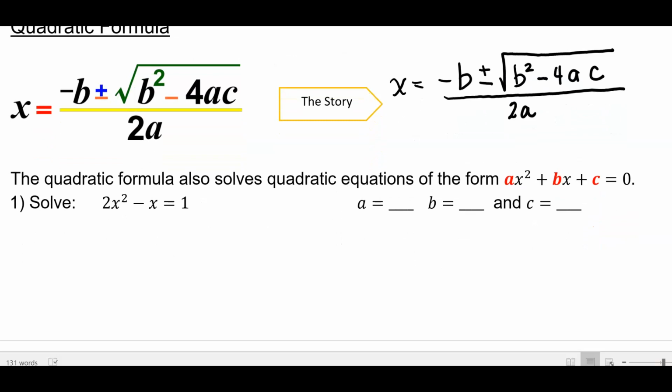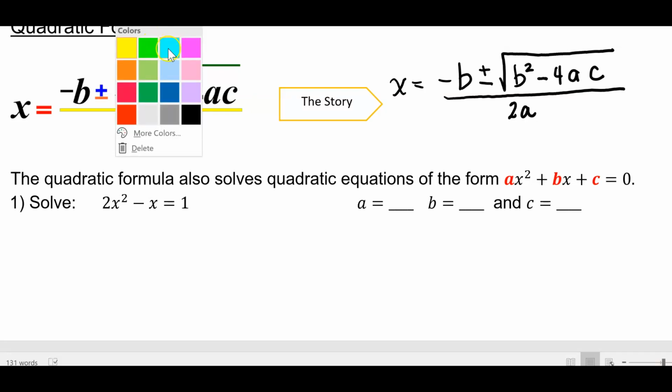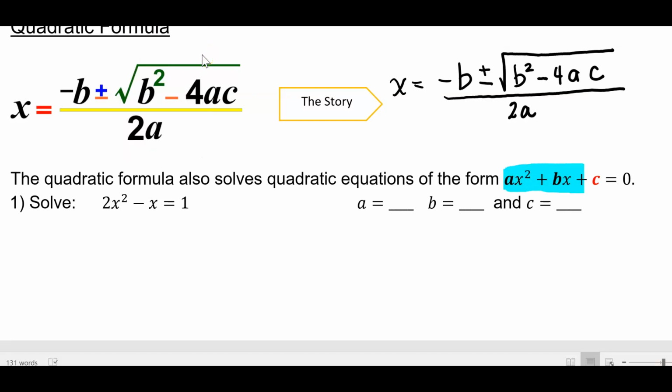The quadratic formula solves quadratic equations of the form ax squared plus bx plus c equals 0. Notice that in this equation, I have the a, b, and c highlighted in red to stand out, because we need the a, b, and c in order to put them into the formula.